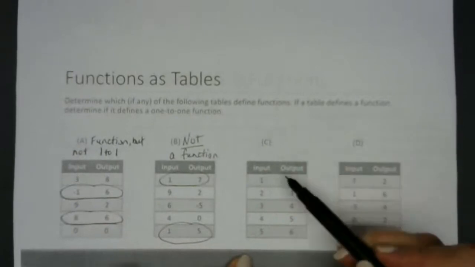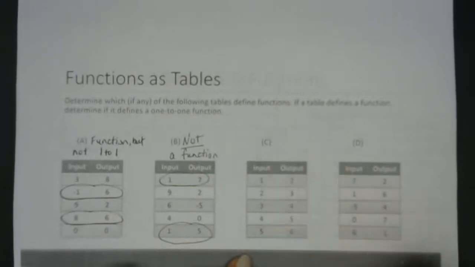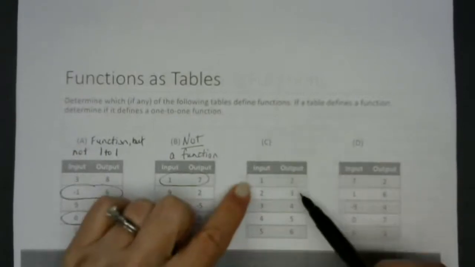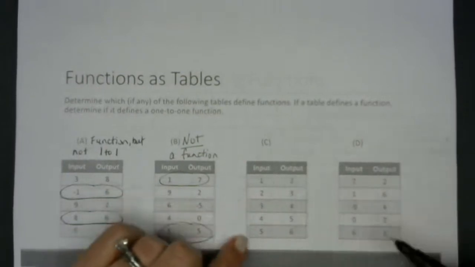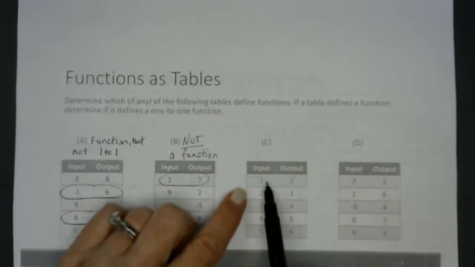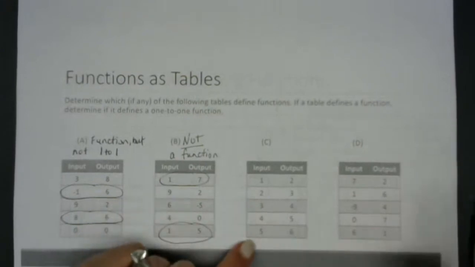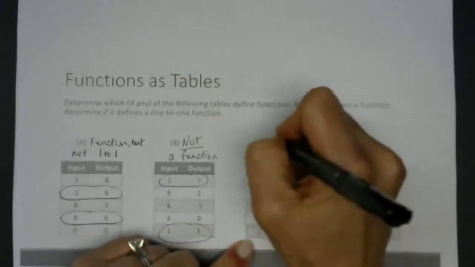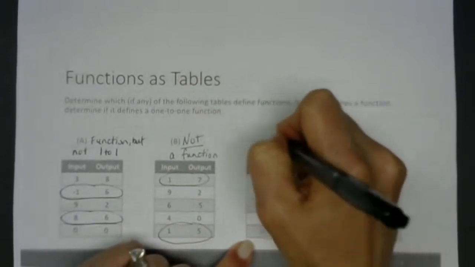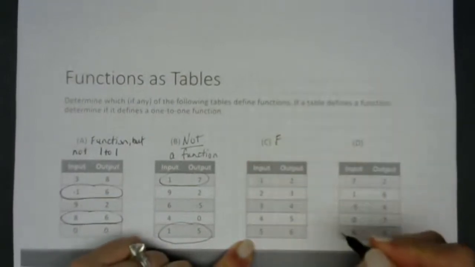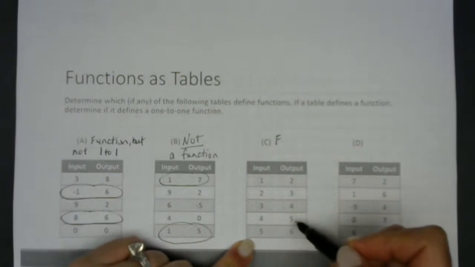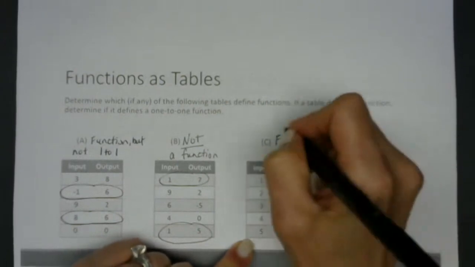Look at table C here. Here our inputs are 1, 2, 3, 4, and 5. The outputs are 2, 3, 4, 5, and 6, respectively. 1 results in 2, 2 to 3, 3 to 4, 4 to 5, 5 to 6. Is it a function? Yes, I would say that it is. There's no evidence that the same input results in 2 different outputs.